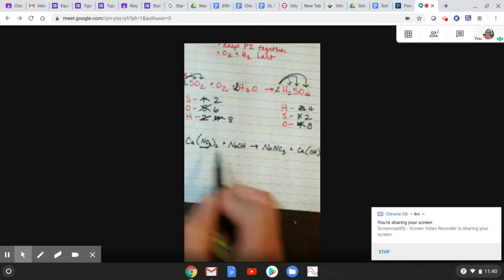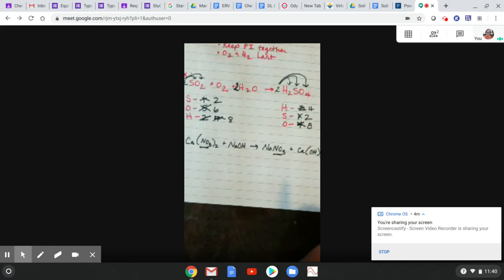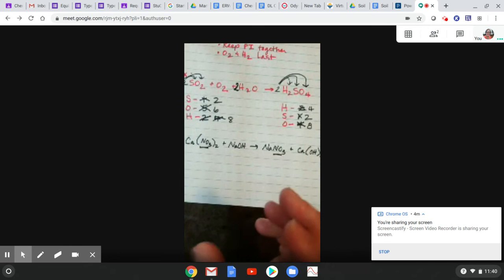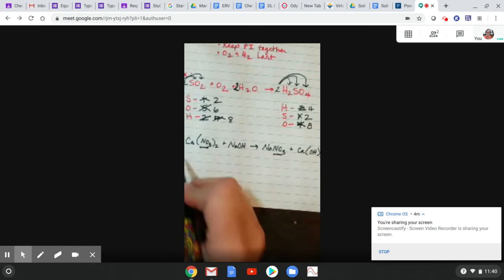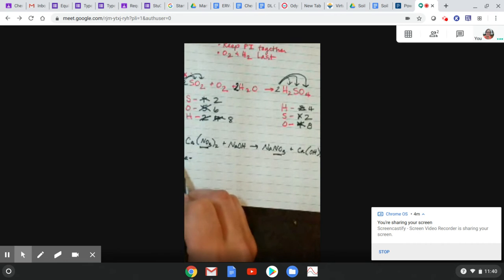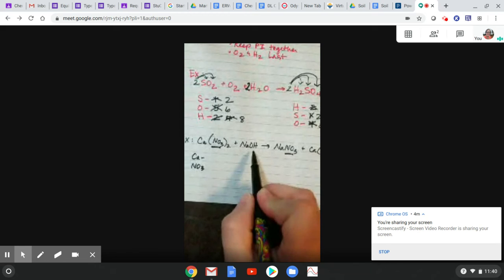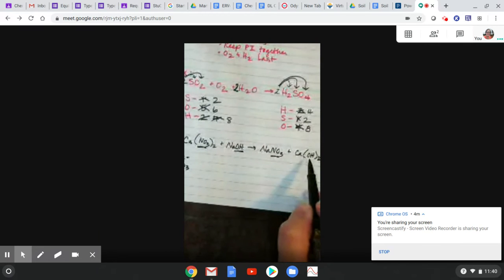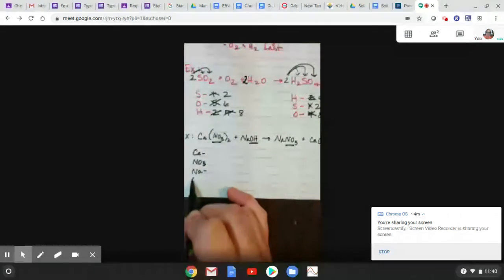So because this polyatomic ion of nitrate is together here and it's together on this side of the equation, I can keep it as kind of one entity instead of thinking of it as separate nitrogens and separate oxygens. So I have calcium and I have nitrate. And I can do the same thing with the hydroxide because the hydroxide is present on both sides of the equation. So I have sodium and I have hydroxide.